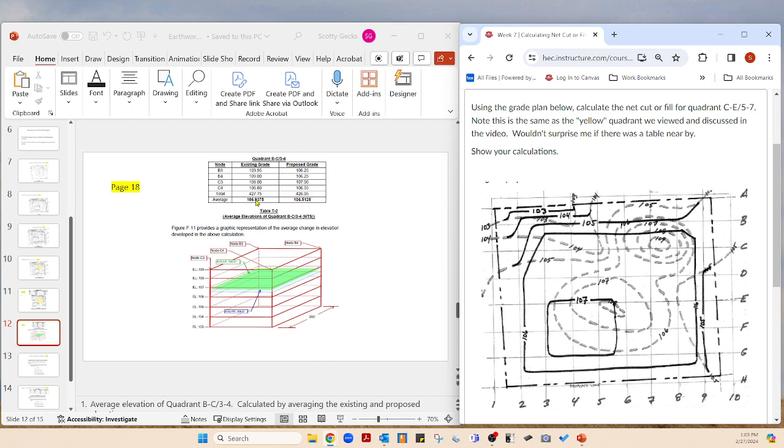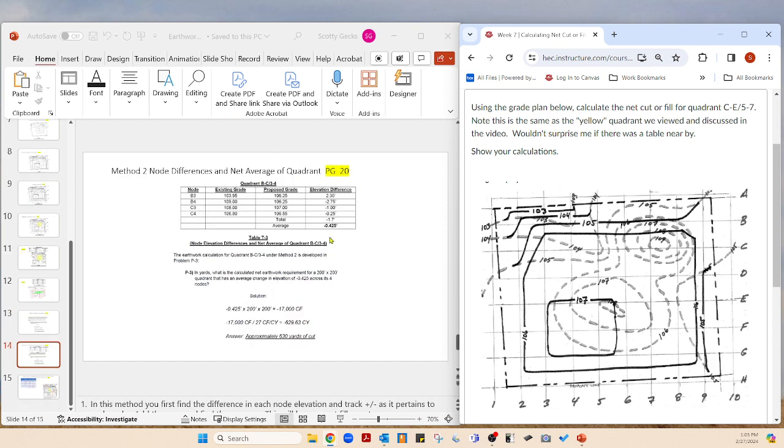If I can find a bigger, clearer table that has the same info on it. Bear with me a minute. Here we go. Now I can read these for sure. The average right here is 106.80. The average proposed grade here is, I'm sorry, this is a different method.